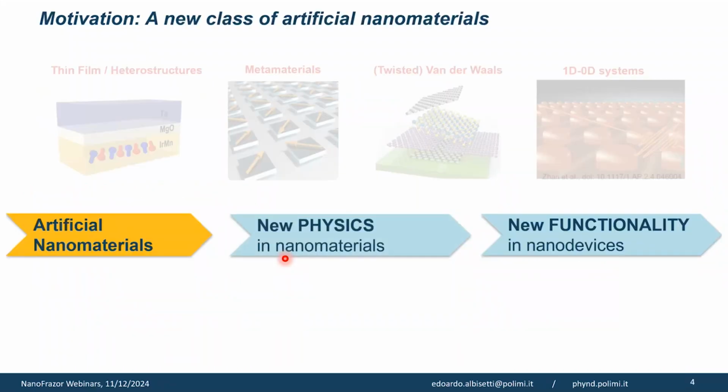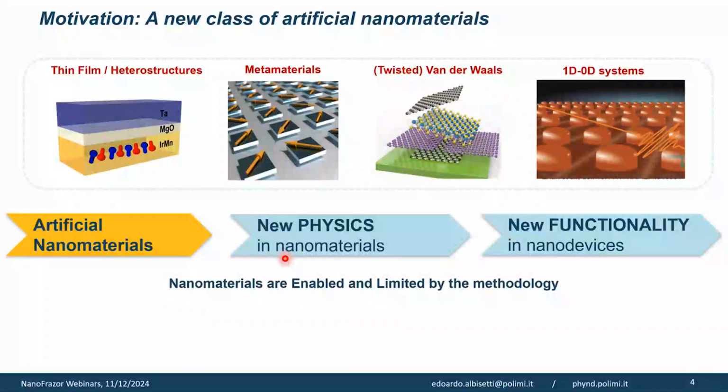So let me start saying that the motivation of our work is to find new ways of creating nanomaterials, because by finding new ways of crafting nanomaterials, we can actually access new physics and exploit this new physics for giving new functionality to nano devices for a range of applications.